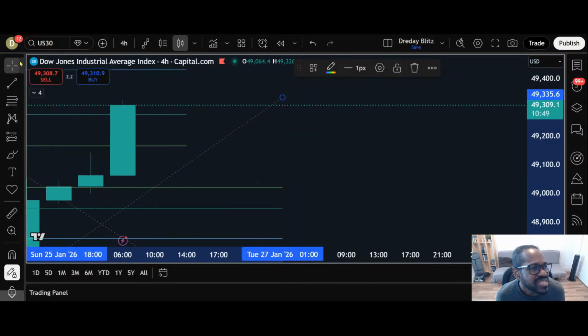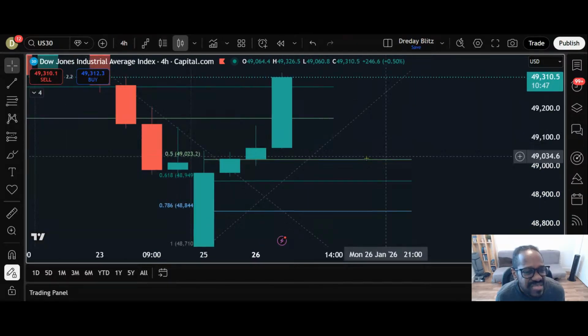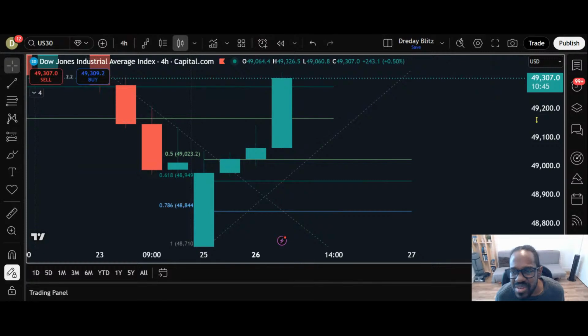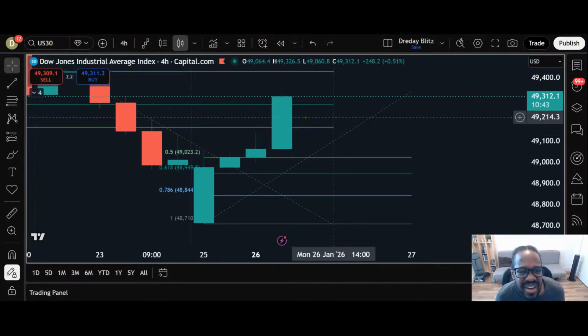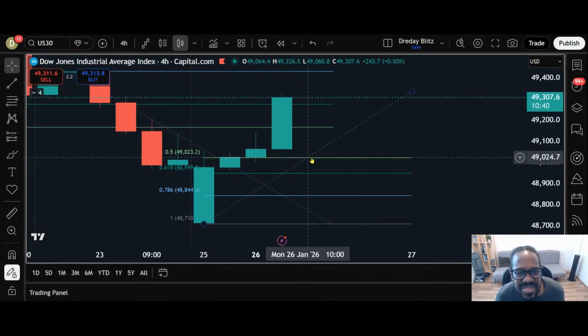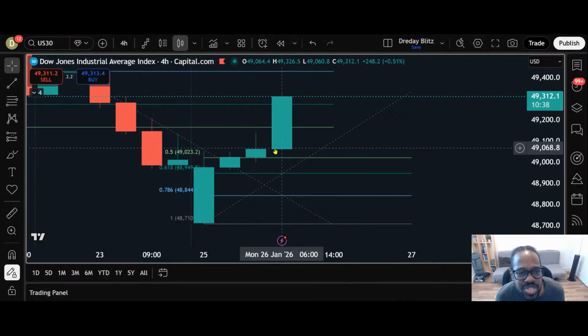So this is basically a point of reversal. And you also see that this candle opened up without any wicks. It went straight up.